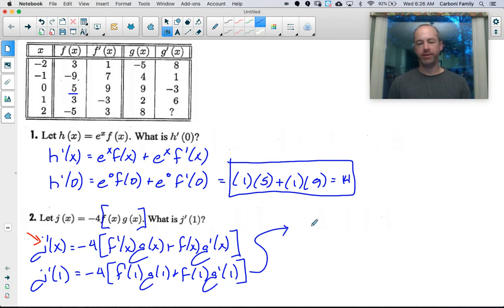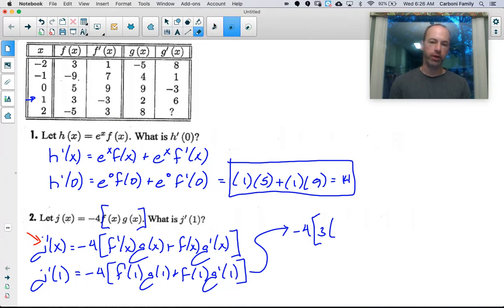So now I'm down to evaluating, so that's negative 4 times, and then looking up at my table, I'm interested in f and g at x equals 1. So that's going to be this fourth row right here. So f of 1 is 3, g of 1, whoa, that's f prime of 1. Okay, see, there's where you need to be careful with your written work. My f prime kind of blended to a giant f, so I'm going to separate that.